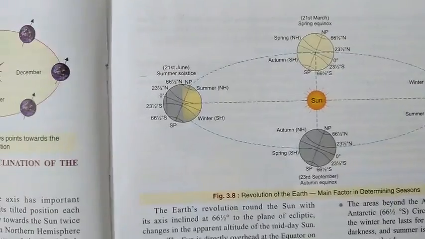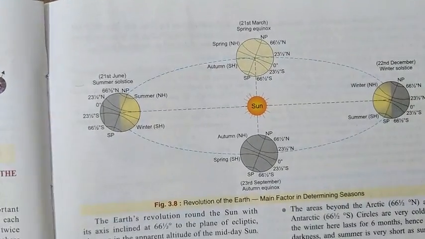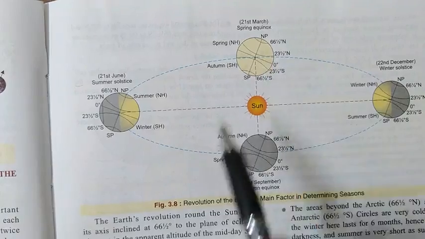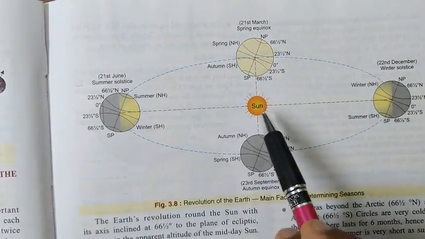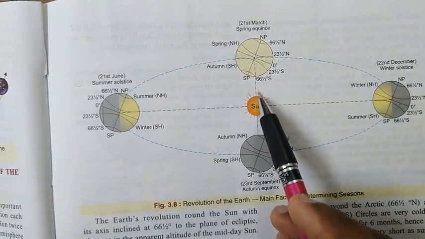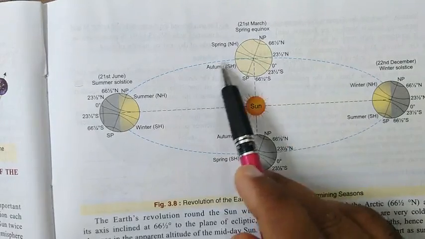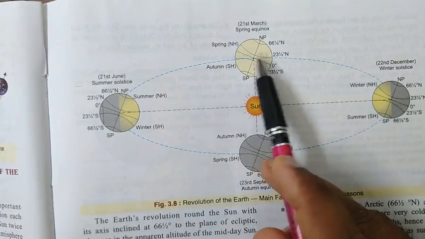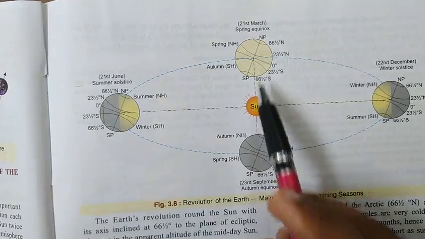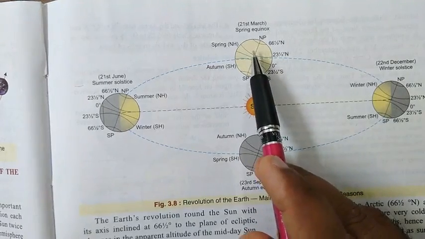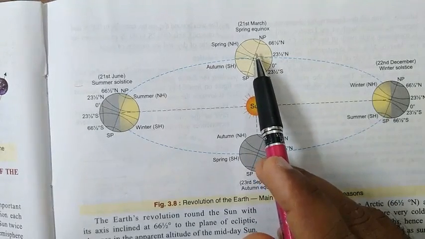Now again, there are two more positions here. The first one, on the 21st March, if you see in the figure, the sun rays are falling vertically on the equator, because even though the earth is inclined, the sun rays are falling on the side of the earth.